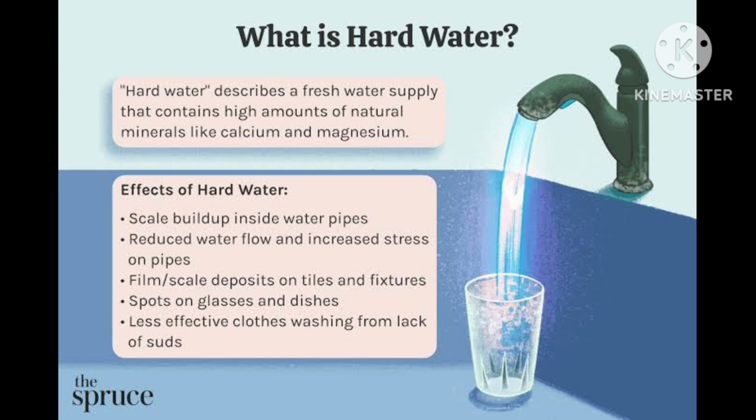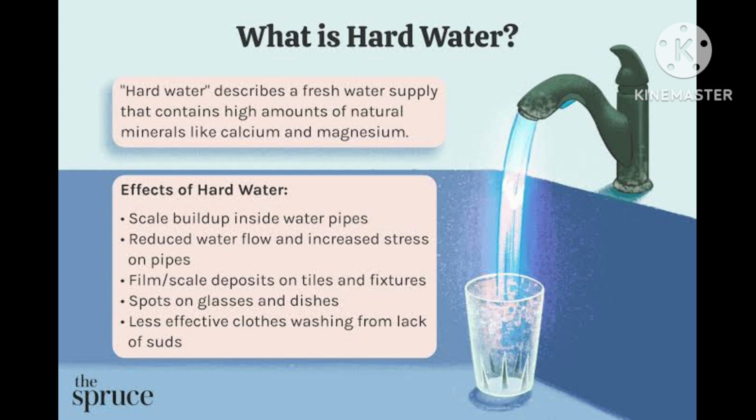Today I am going to discuss hardness of water and soap. Hardness of water is due to the presence of soluble salts of calcium, magnesium, and other heavier metals in water.